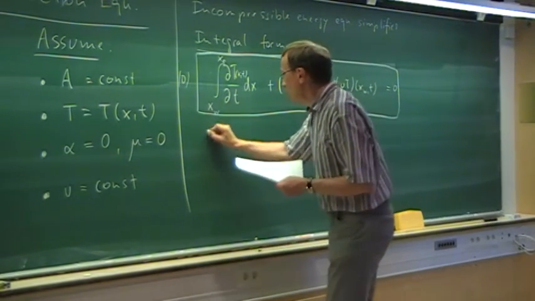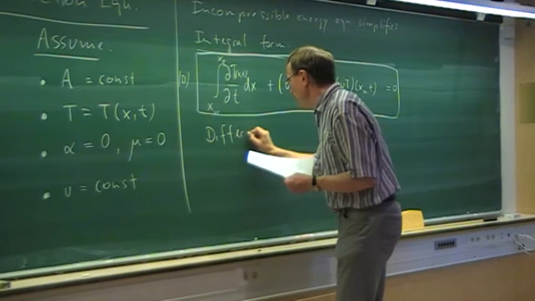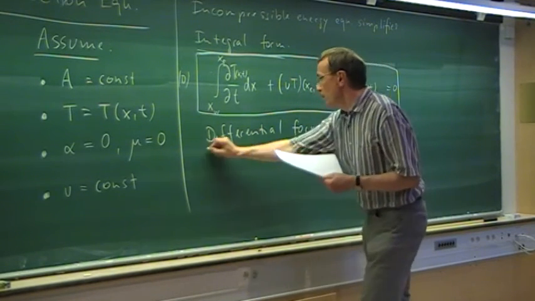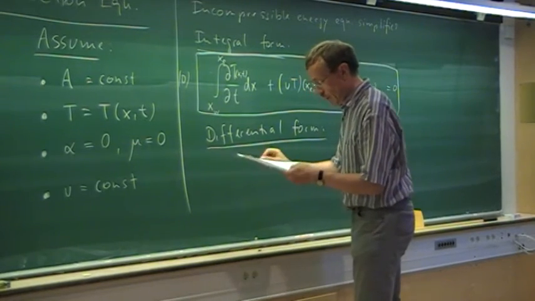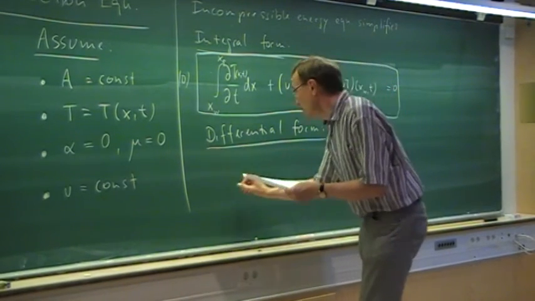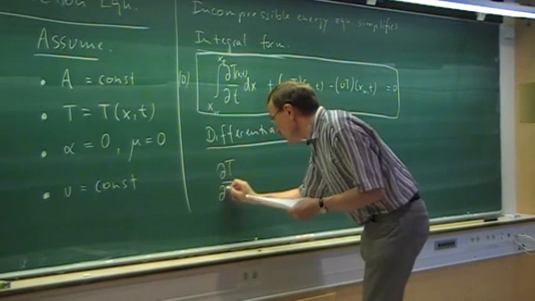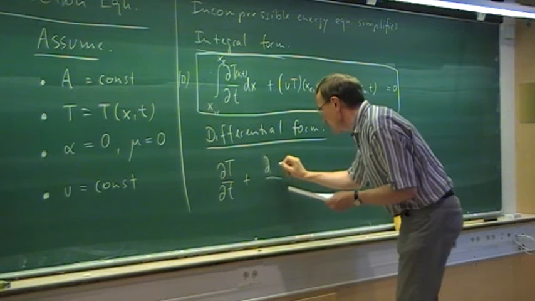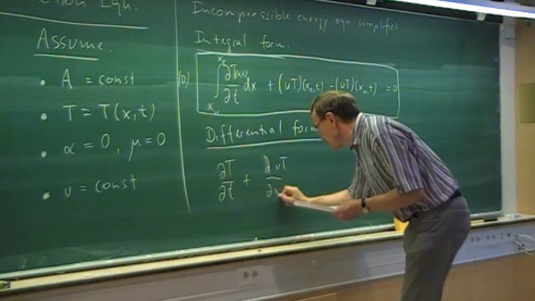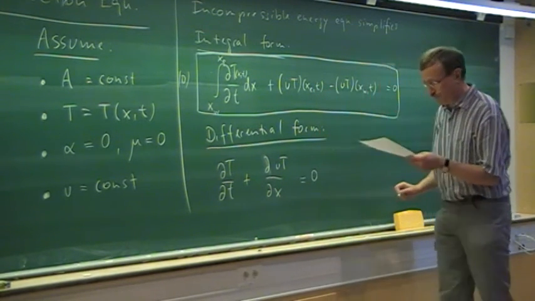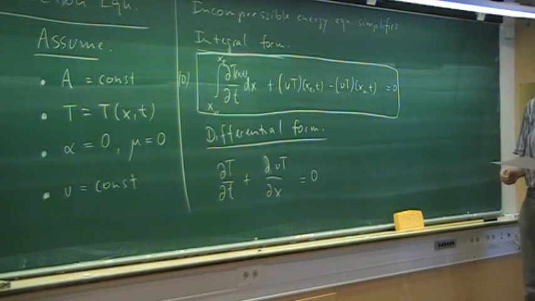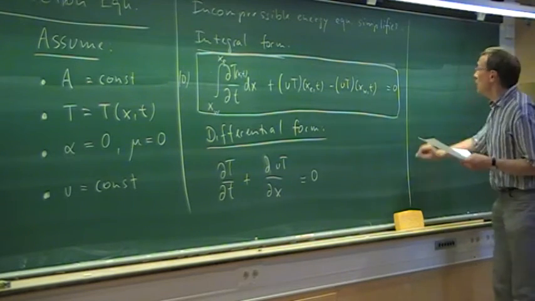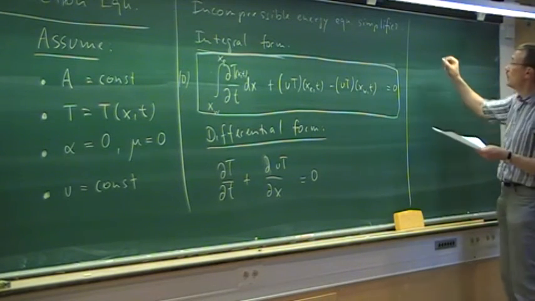In differential form, then we will have the following. That is what you probably know. That is ∂T/∂t plus the space derivative of uT, ∂/∂x, is equal to 0. And since u is constant, we can simplify that.